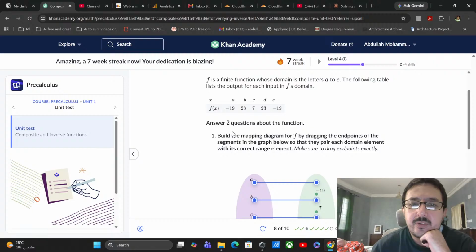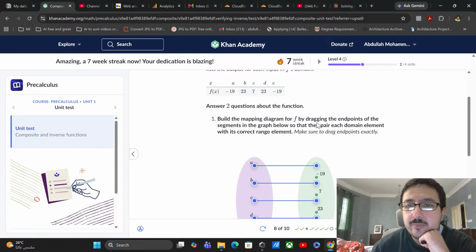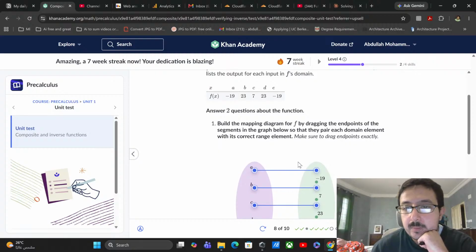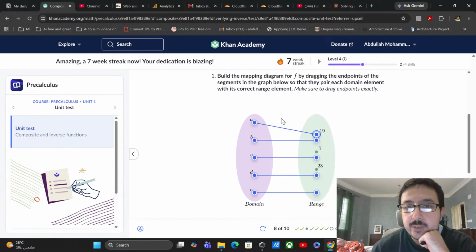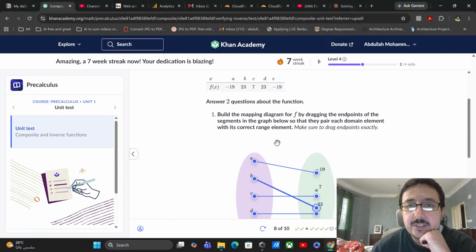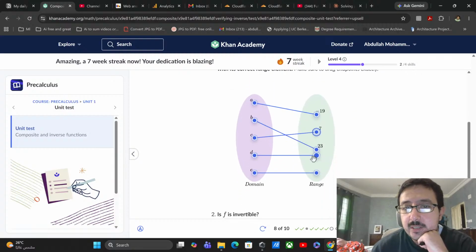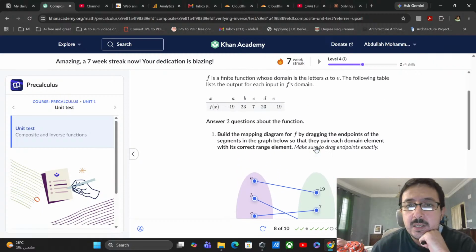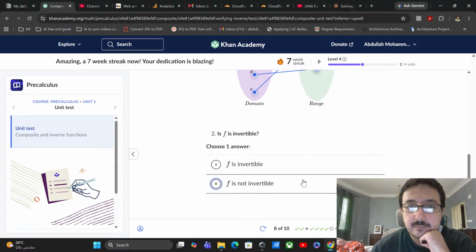Answer 2 questions about the function. Okay. Build the mapping diagram for f by dragging the endpoints. So I got A minus 19, B 23, C 7, D 23, and E minus 19. Nope, f is not invertible. Check.